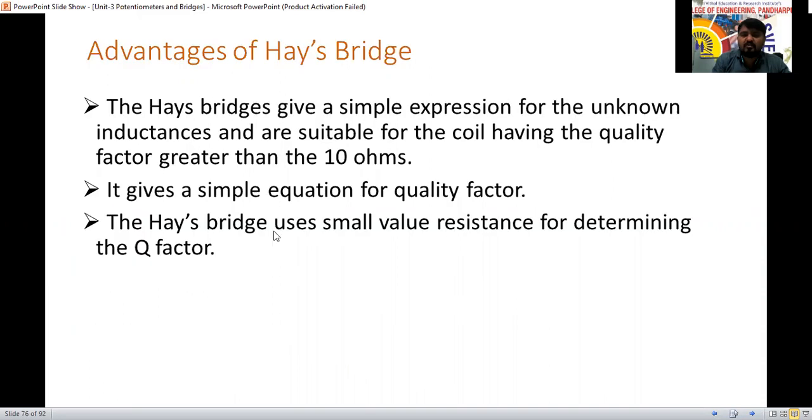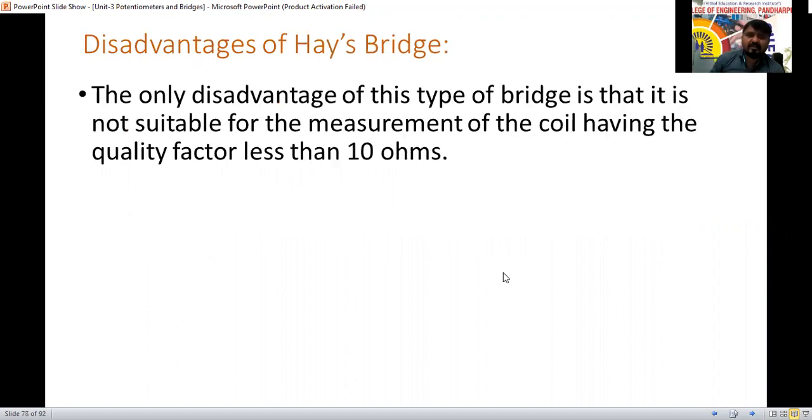The Hay bridge is used for small value resistance for determining the Q factor, giving a quality factor higher than 10. So there are advantages, and some disadvantages are also there.